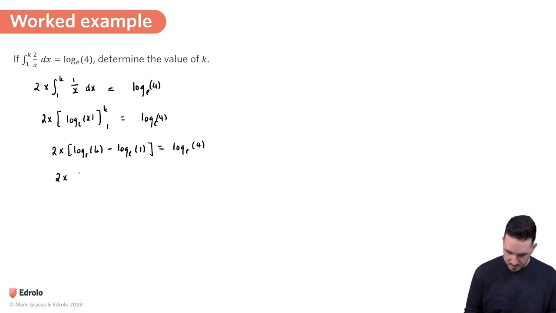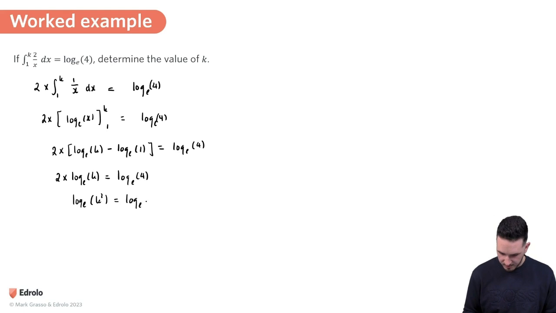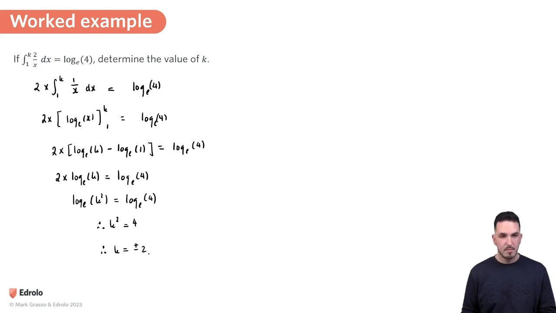So this will become 2 times log e of k is equal to log e of 4. So therefore 2 log e of k becomes log e of k squared equals log e of 4. And therefore you have k squared is equal to 4. Therefore, k is equal to plus or minus 2.